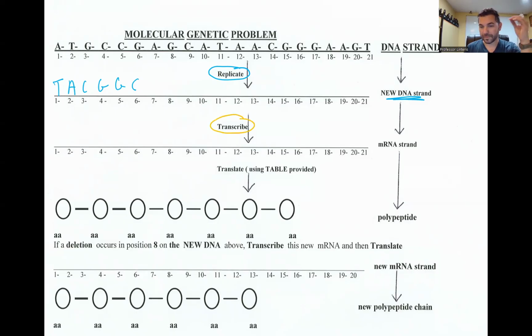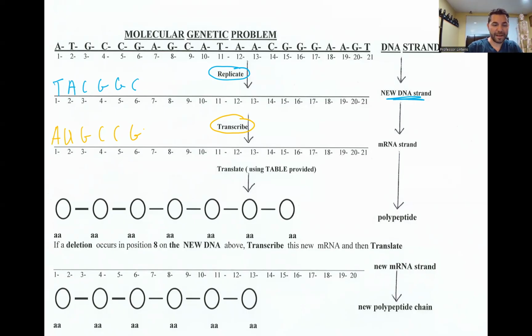What does that mean? We take the DNA and we turn it to an RNA. So this would be A, U, G, C, C, G. And if you have to draw lines to practice it so you don't mess it up, cool, makes sense.